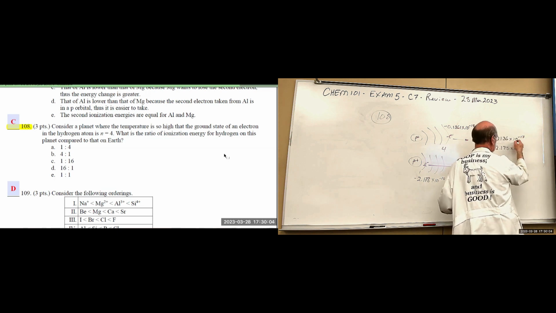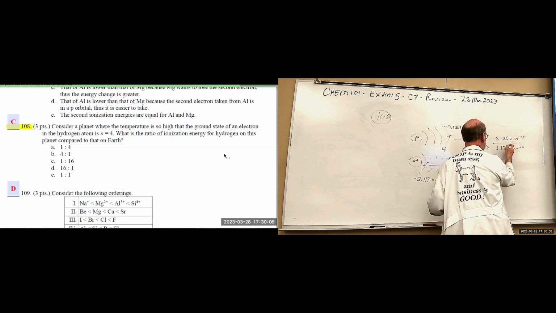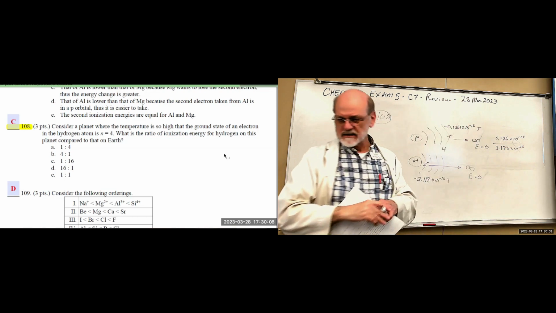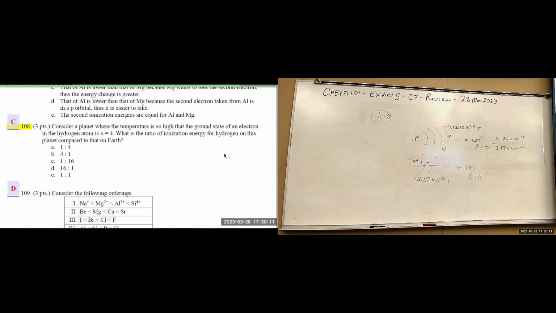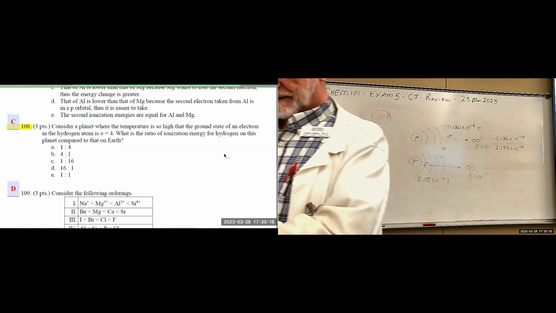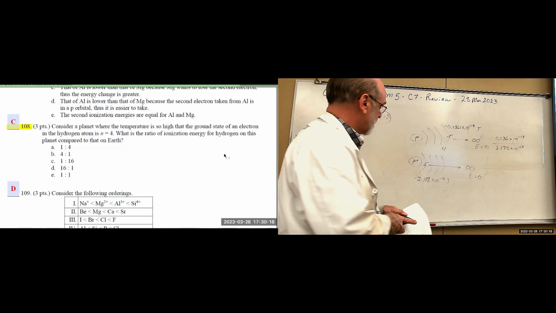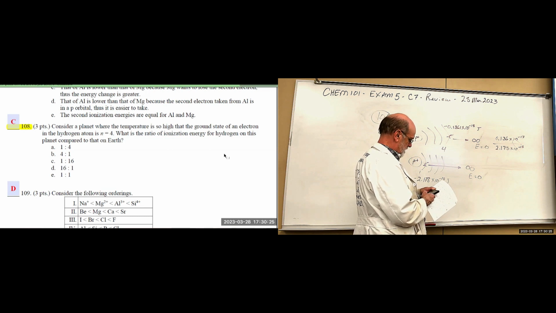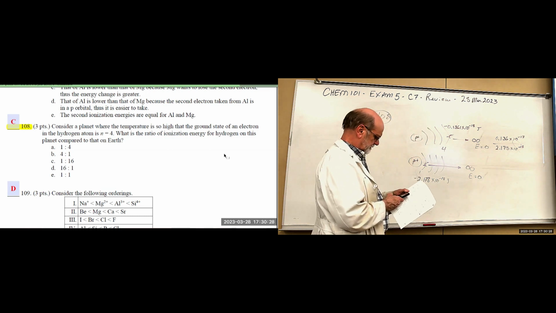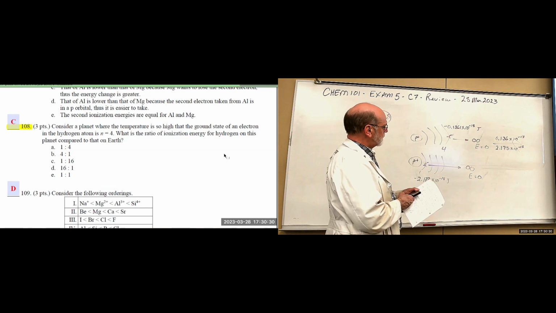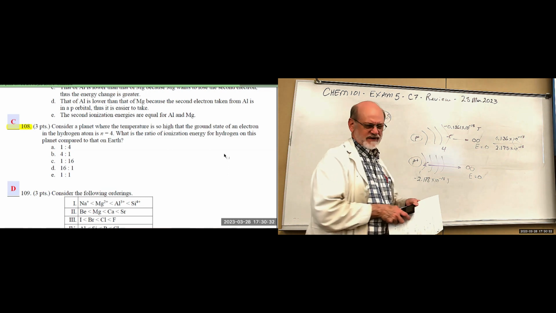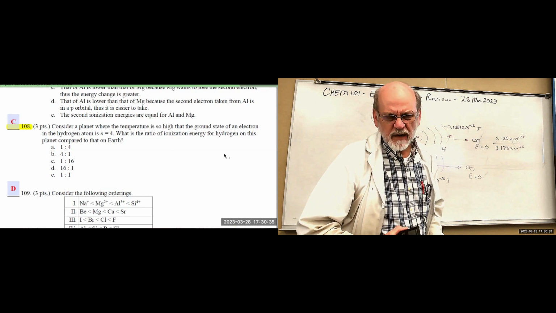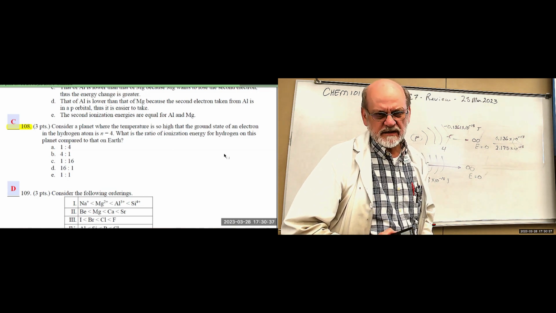So these cancel each other. We need to divide 0.136 by 2.178. Okay, well, that gives me a value, but it doesn't fit with what they're discussing here.